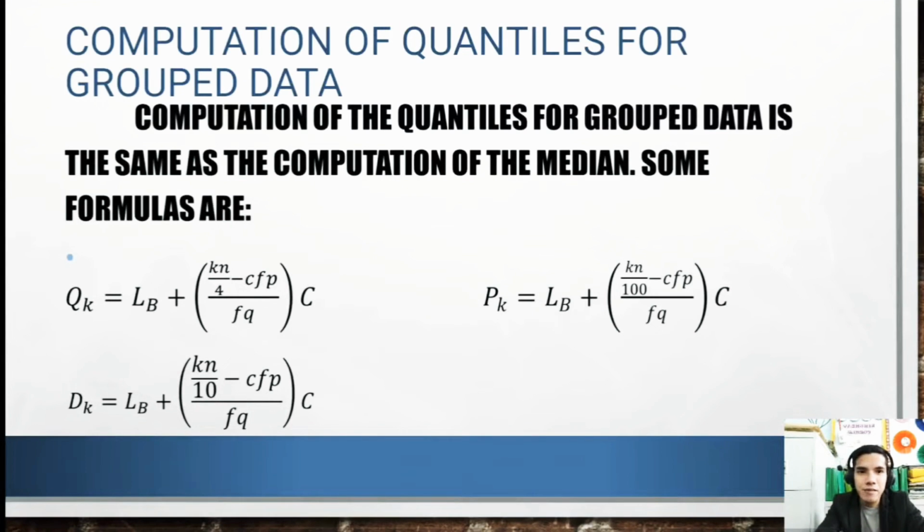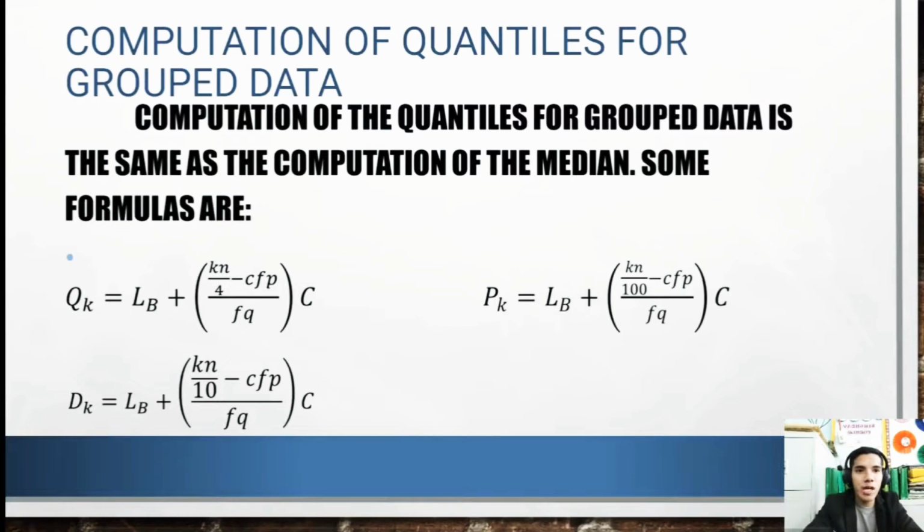Again, K times N, yung K natin is the position of the decile, LB is the lower boundary, and CFP is the cumulative frequency preceding to the class of decile na nakuha, and yung C is yung interval.